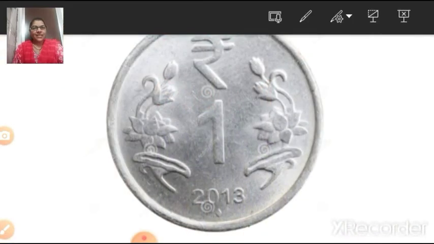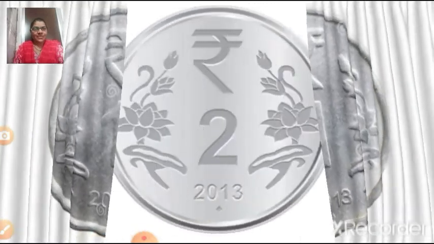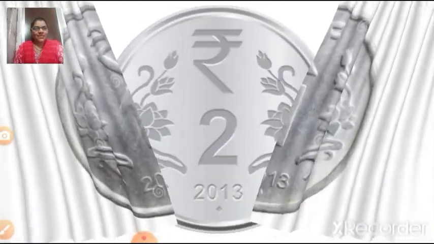See here, can you all tell me what it is, children? What picture is this? Very good, you all are very clever. It is a picture of a 1 rupee coin. It's a coin of rupees 1. Now look here. What can you all see here?